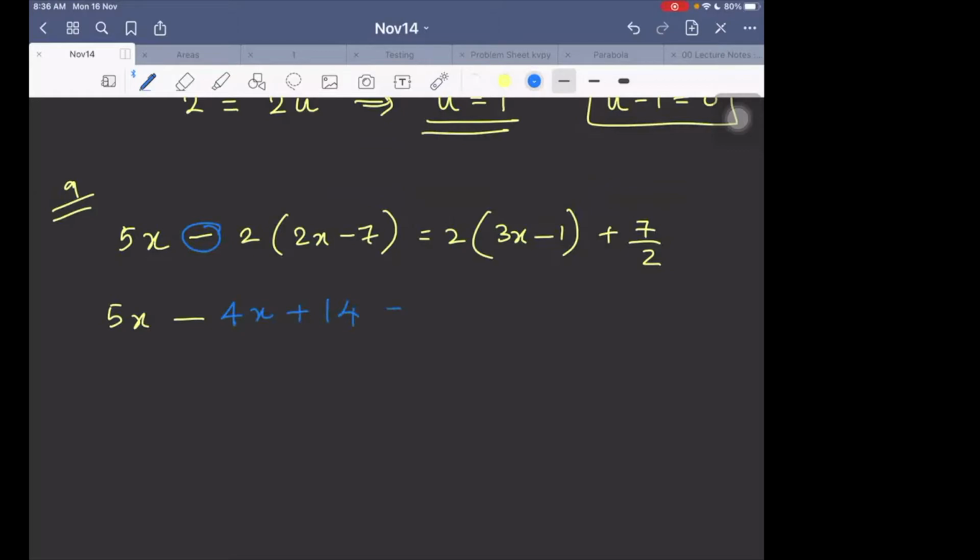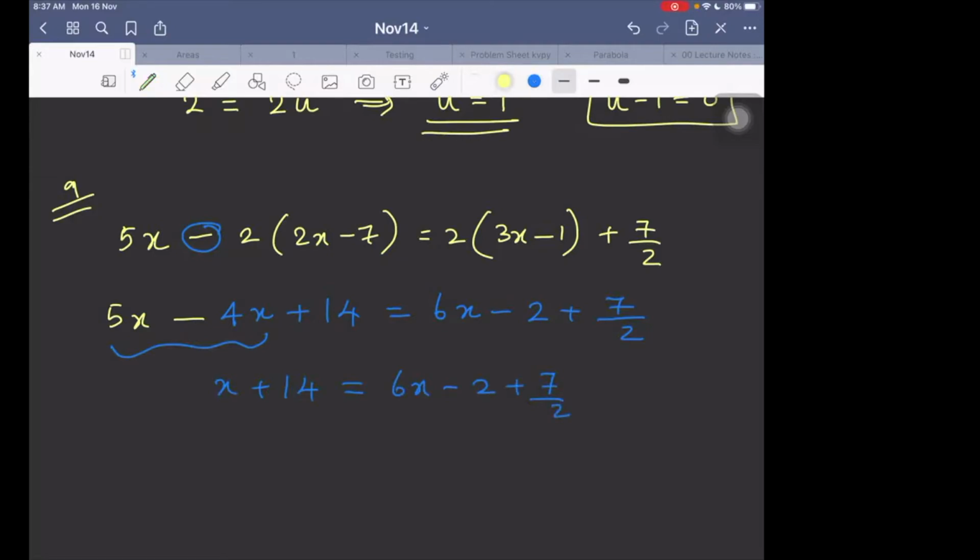On the RHS, we have 2 into 3x is 6x. 2 into minus 1 is minus 2 plus 7 by 2. Yes. So let's simplify this. This is going to be x plus 14 is equal to 6x minus 2 plus 7 by 2.